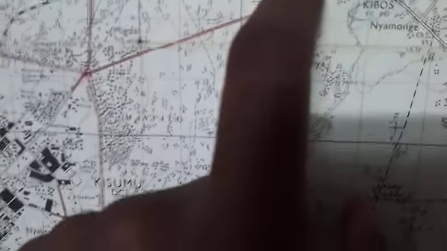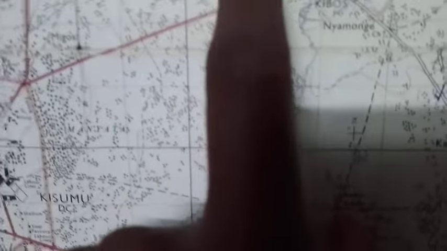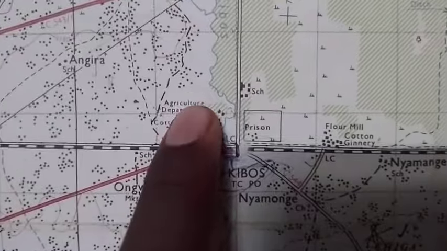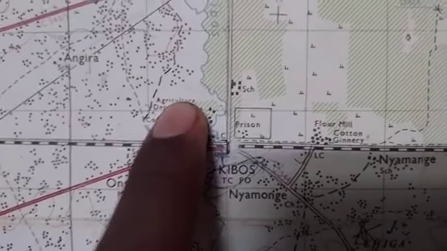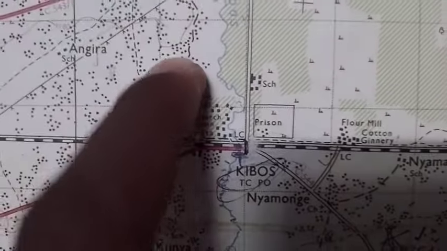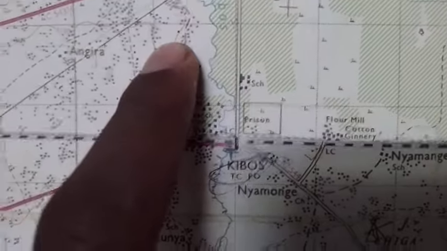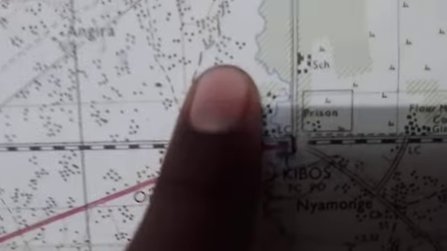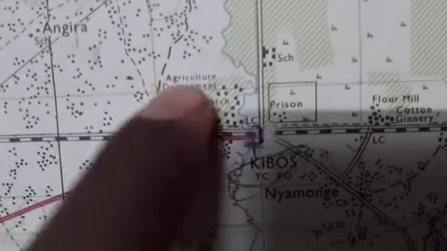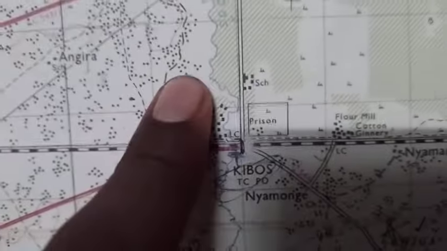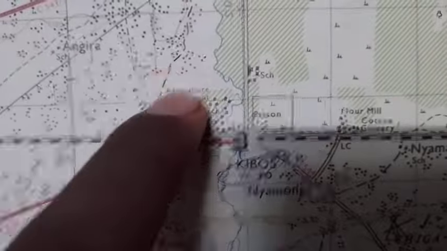You go to where we have 93. So here, what are you able to see? We have the agricultural department. Then we have these lines joining. We have some dots. The dots represent the houses, the settlement. Then these discontinuous lines, we want to see what they mean.